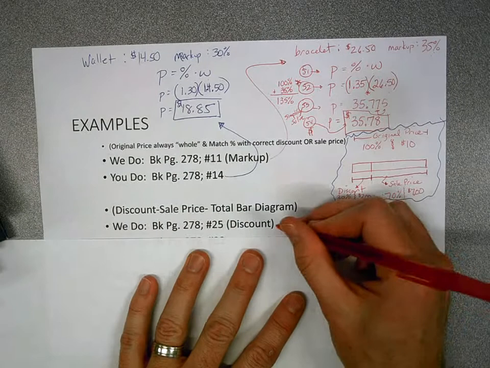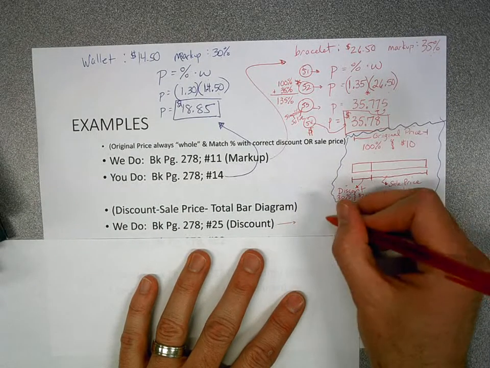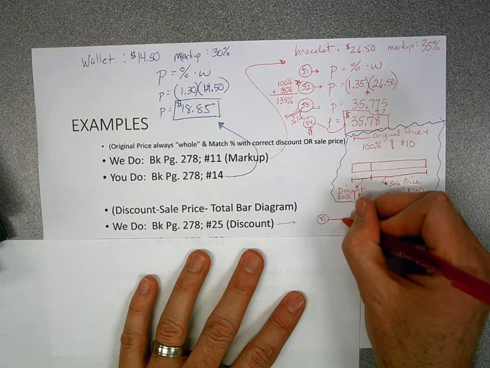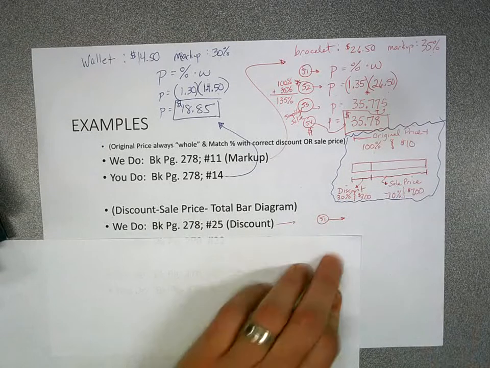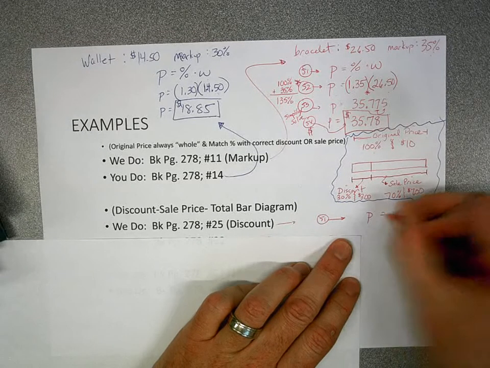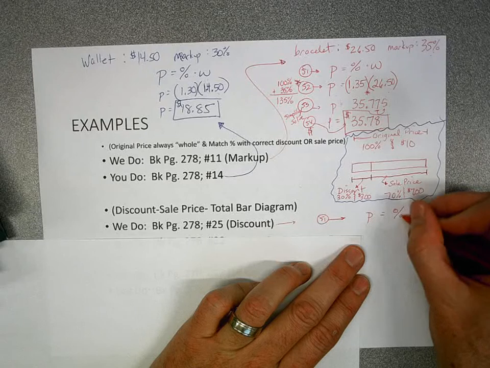Step 1. I'm going to write down my percent equation. Part equals percent times whole.